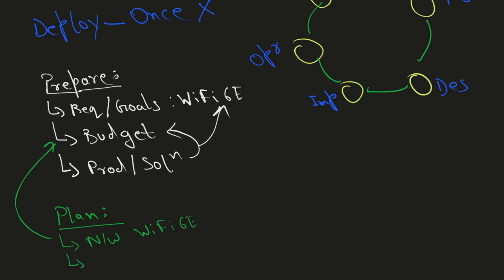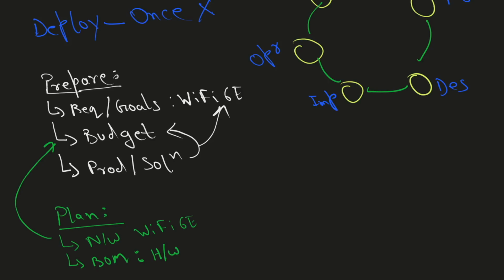Now, once we have assessed and ensured that the underlying network is in fact capable of supporting the new solution and we have enough budget, the next step will be to create something called a BOM, or bill of materials. BOM is essentially the list of equipment that the customer needs to order to deploy this new solution. But it is important to note that this does not only contain the hardware list of equipment. Of course, it does contain the hardware. So, for example, what are the models of the Cisco access point that the customer has to purchase for the solution, and what are the different wireless controllers, for example.